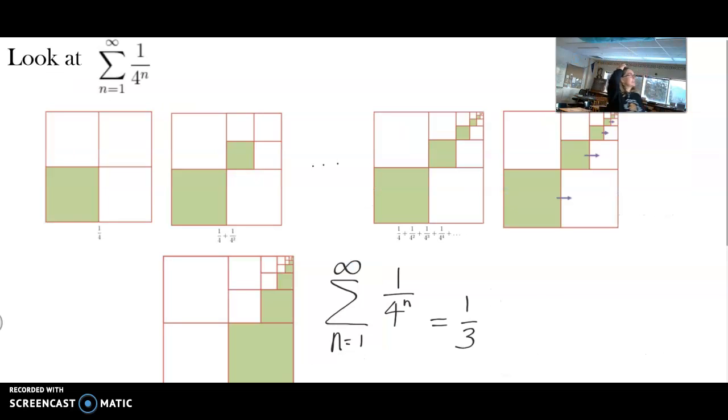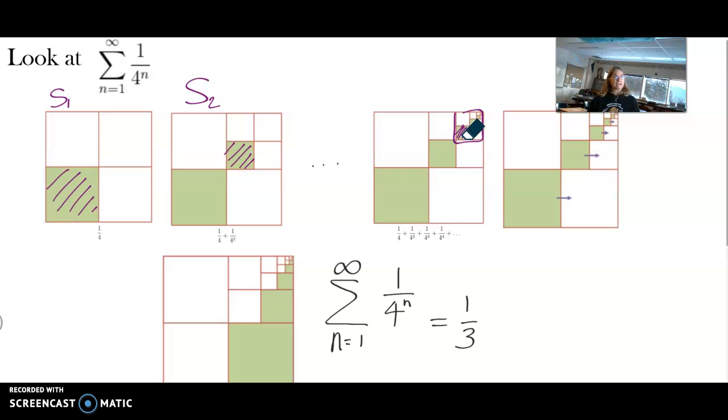Likewise, let's look at this series. You have the sum from n equals 1 to infinity of 1 over 4 to the n. Same thing, if I fill in a square, I take 1/4, that's the sum of my first term. S of 2 would be 1/4 plus a fourth of the remaining part of another square, and then taking this upper square here and taking a fourth of that, etc. You keep doing that infinitely.